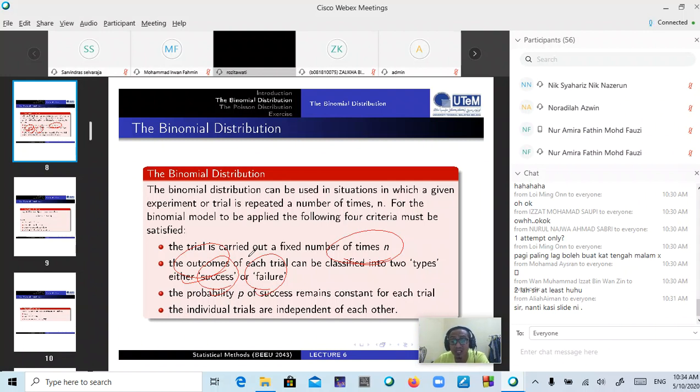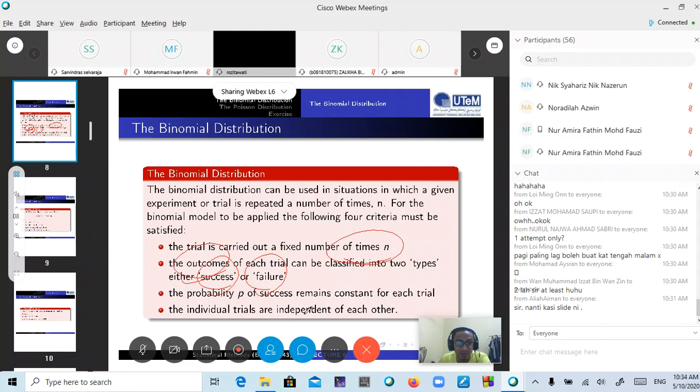If the question already says binomial distribution, lucky for you. But if the question does not mention binomial or Poisson, you need to identify which one it is. And the individual trials are independent of each other.